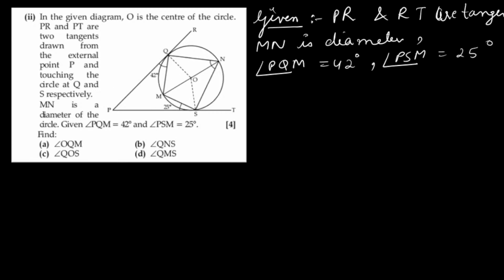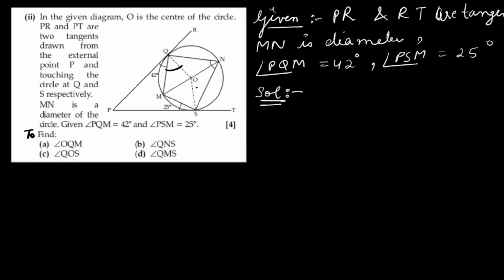Now what we have to find? You have to write a heading, to find. So all this you can write. Here I have less space, so I will not write it, and I will start with the solution. But you have to write to find. What we have to find? Angle OQM. OQM is this angle.